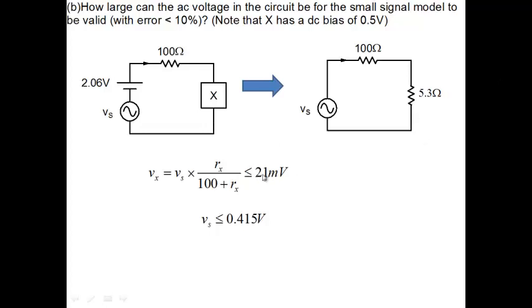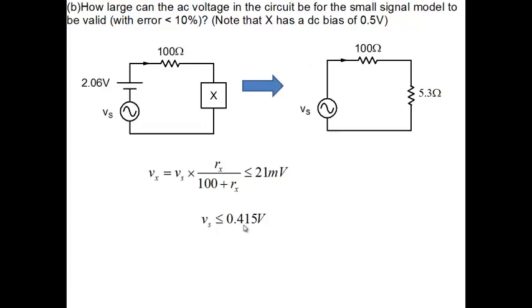So we figured out that this has to be less than 21 millivolts, and for that, Vs has to be less than 0.415. Now, it depends on the nature of the problem. Suppose instead of 100 ohms, I had put 1K. Then the whole thing would have come out to be 4 volt maybe.